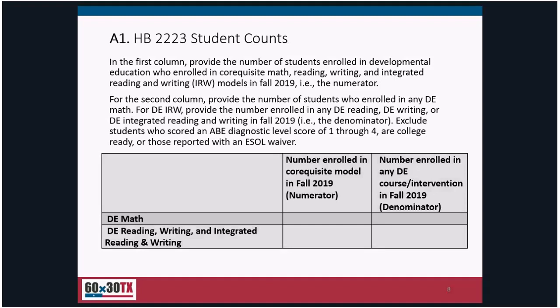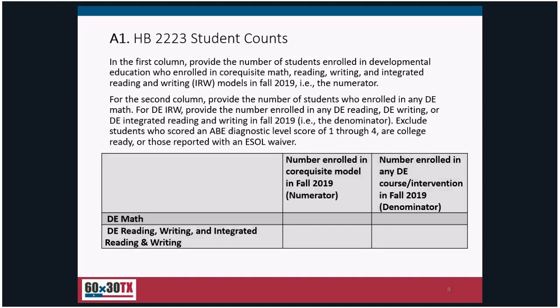And even if your IR office is telling you that, oh, well, we only calculate TSI data once a semester, this information should be really on demand because it's quintessential in departments being able to meet the required percentages of House Bill 2223, particularly as it relates to the percentage of students that are required to be enrolled in corequisite models, which for fall 2019, we are at 50%.